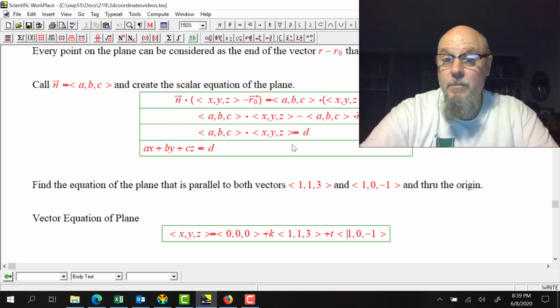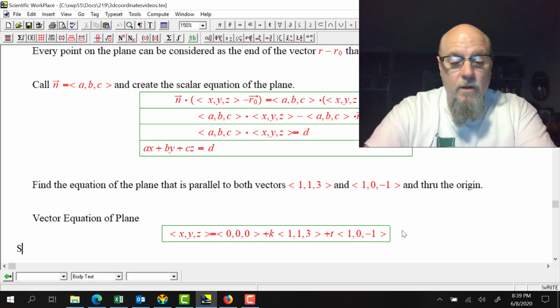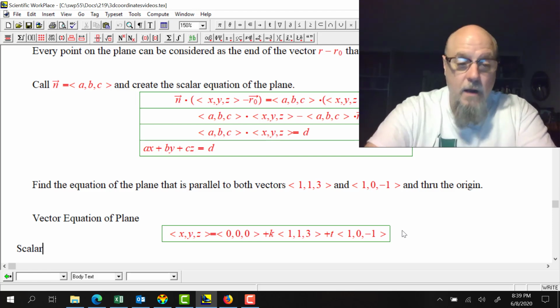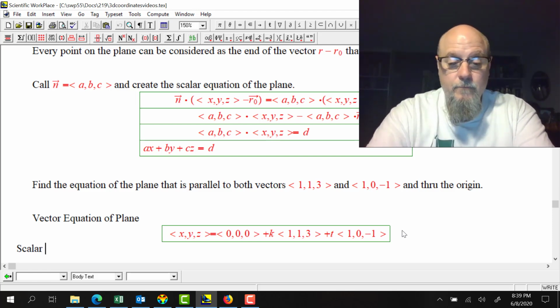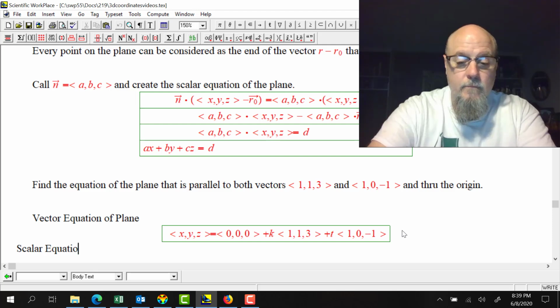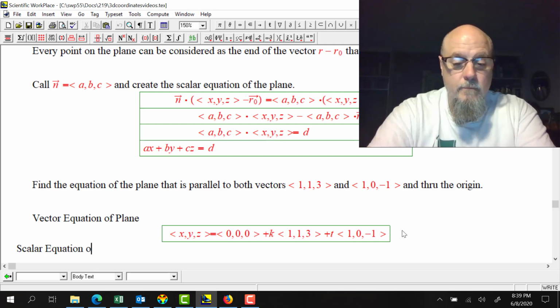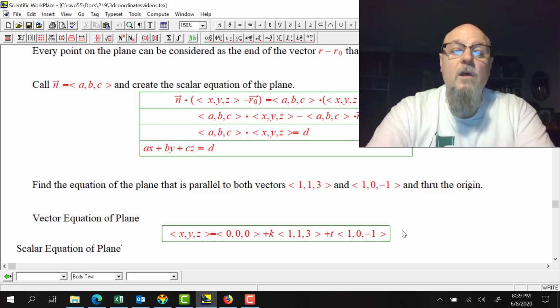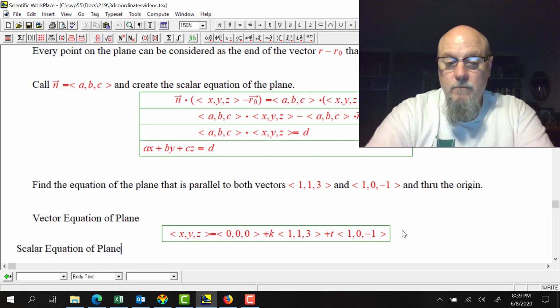That's not what we built up here, though. Let's get the scalar equation of that plane. So now I want scalar of the same plane. So what do I need? I need to know the normal vector.